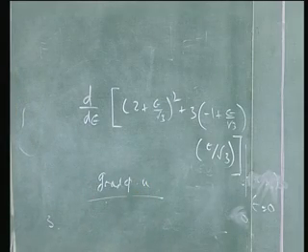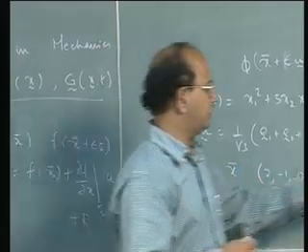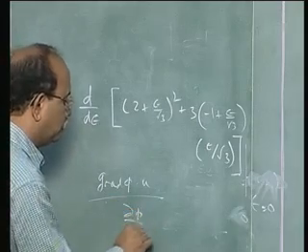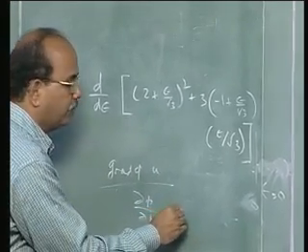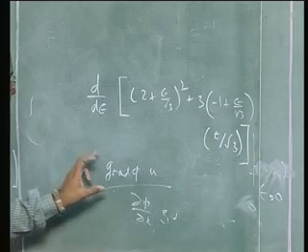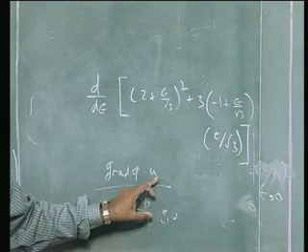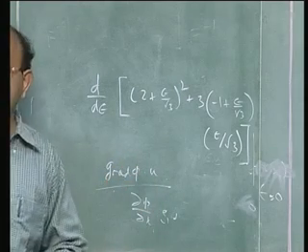What is grad phi? It is nothing but ∂phi/∂x1 into E1 plus ∂phi/∂x2 into E2 and so on. So it is the derivative of this along the direction of u.